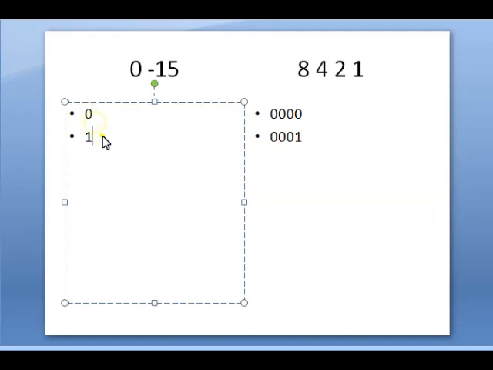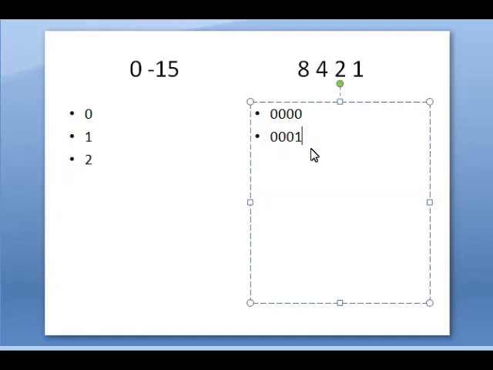Okay, now next is the number 2. How will you write the binary equivalent for this number 2? In the place of 2 you will write 1 and all the other digits should be 0. That is 0 0 1 0. Okay, now what is the next number? Next number is 3.